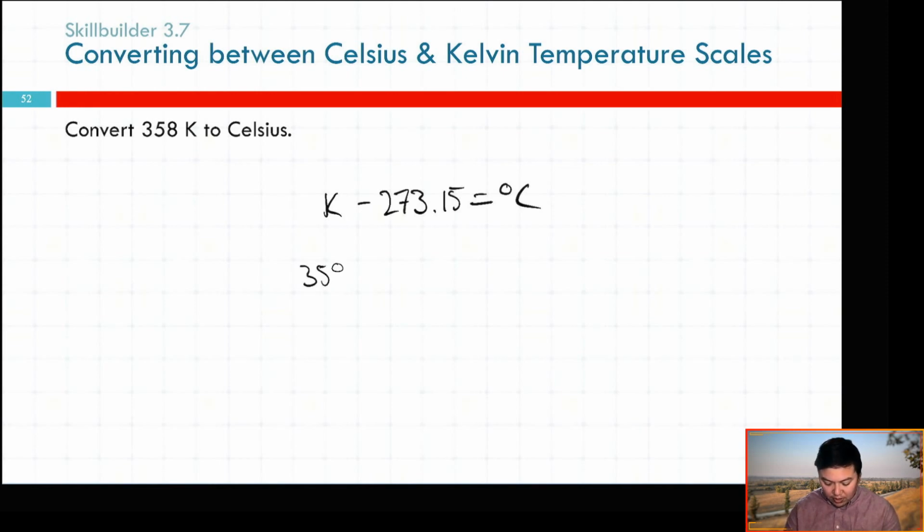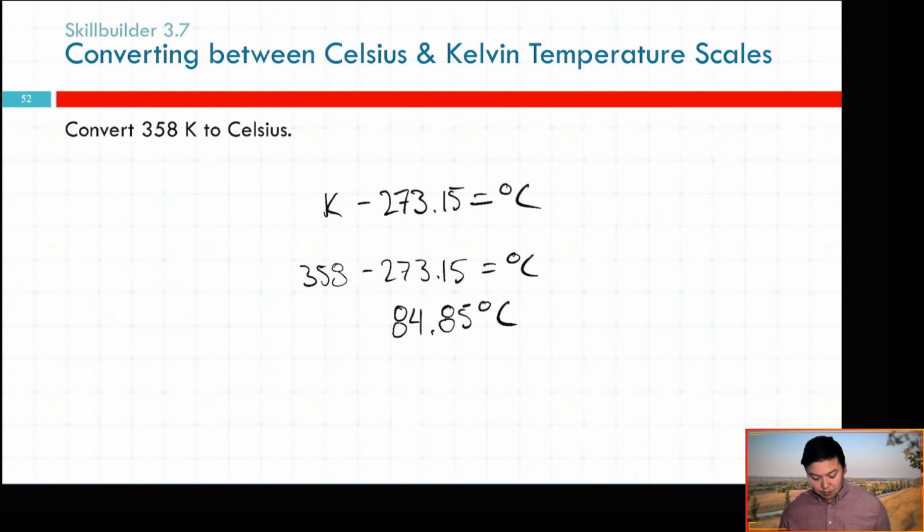So you have 358 minus 273.15 equals degrees C. Let's see if I can do this right on my calculator. 358 minus 273.15 is 84.85 degrees Celsius. Right, so pretty simple stuff.